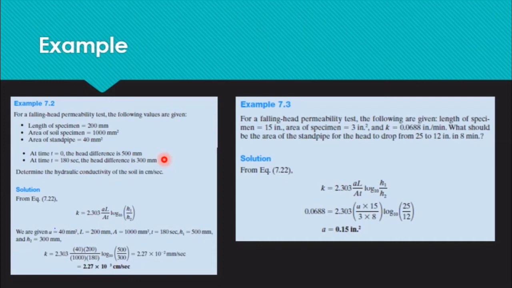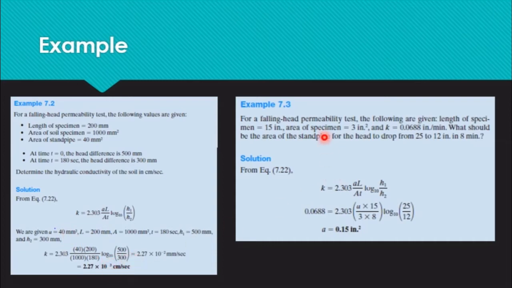So it dropped by 200. Determine the hydraulic conductivity of the soil. Input all the values in this formula and check the units. These are in millimeters, and your answer must be in cm per second.